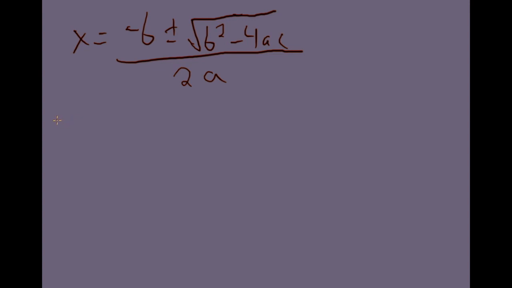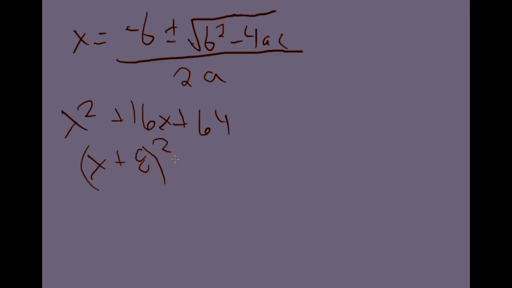Okay, so let's look at this. x squared plus 16x plus 64. Now we don't have to use the quadratic formula to figure this out. This is obviously (x plus 8) squared. So when would y equal 0 with (x plus 8) squared? y would equal 0 when x is negative 8, right?